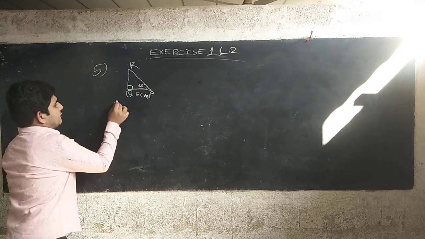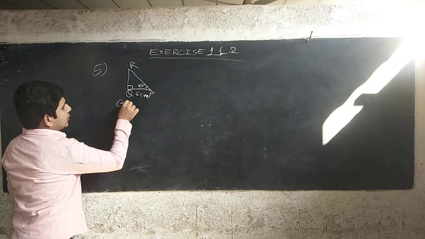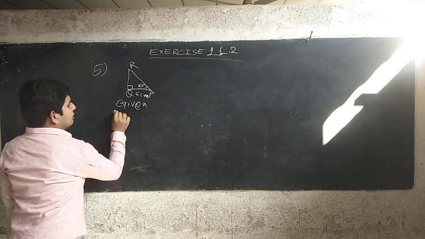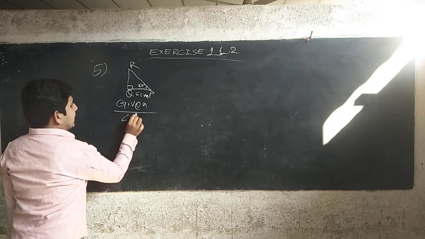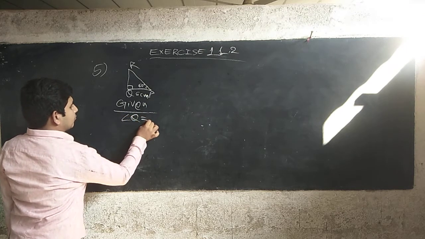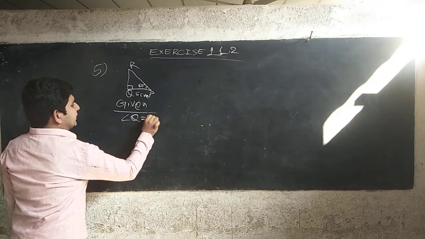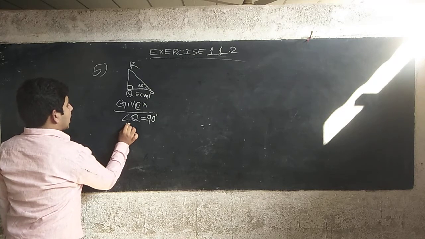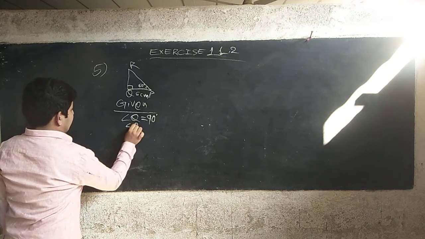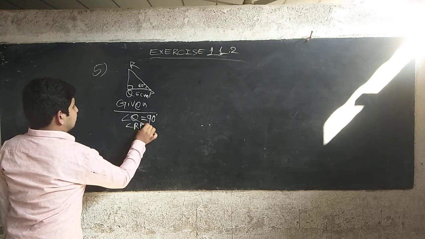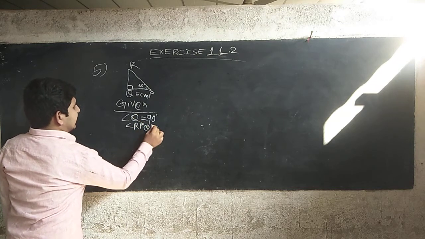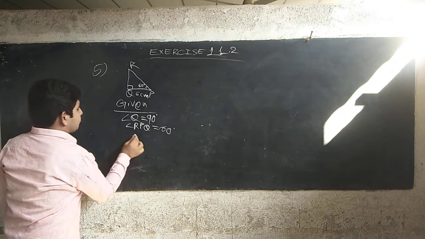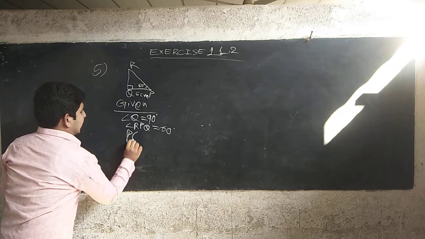Now, given: what is given? Angle Q equal to 90 degrees, angle RPQ equal to 60 degrees, and PQ equal to 6 centimeters.